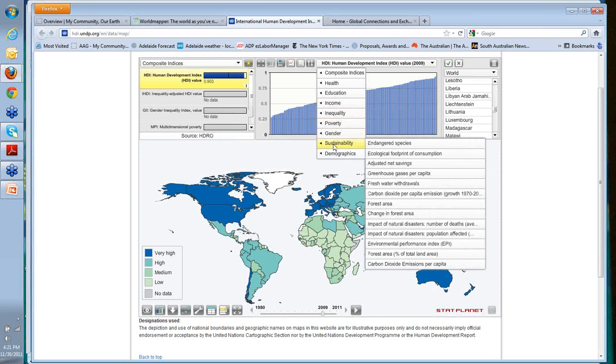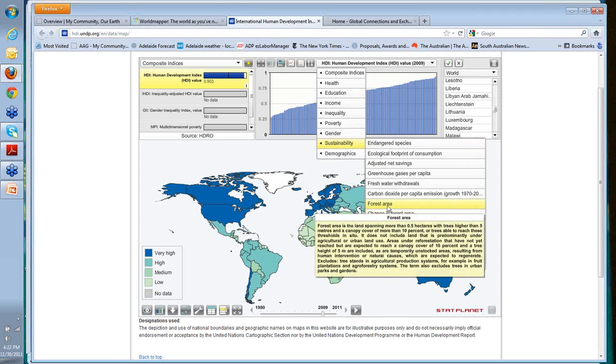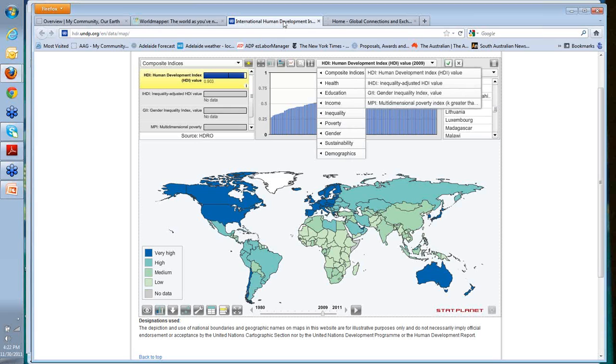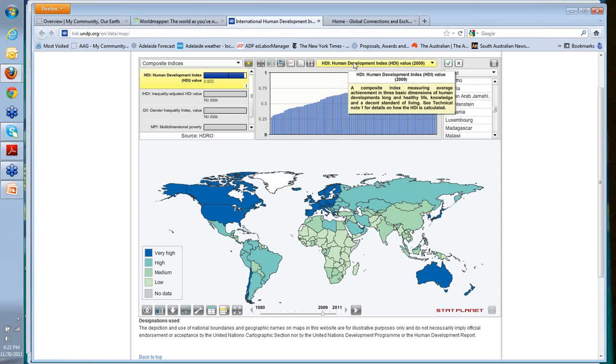We talked about some of those areas like fuel impact or forest area. This might be some data that would be helpful for your students to take a look at: change in forest area in general, but also freshwater use. So there's a lot of data displayed in this particular resource. I think it's pretty well done too, in that it's amazing how much information is available just through this one interface.